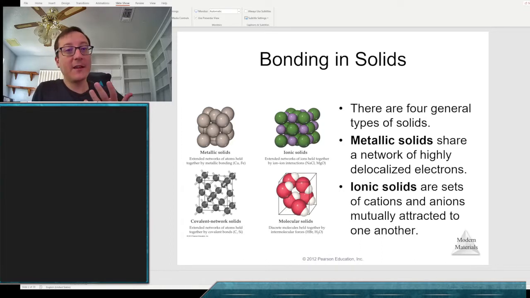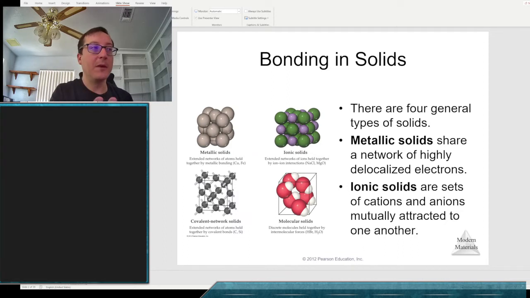They're going to be held together in four different ways, and those correspond with the four categories we have. First we've got metallic solids. These are made of metals only, atomic metals, or we can throw some other things in there. We call those alloys, so we'll see that in a little bit. Those are held together because they have massive atomic or molecular orbitals.